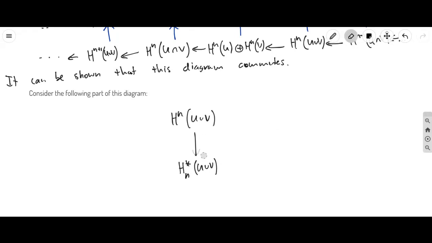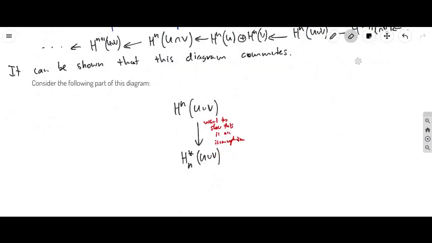This is the part that we care about. We want to show this is an isomorphism, because that's what we're claiming: if you have isomorphisms on U and V and on their intersection, then you have an isomorphism on their union.